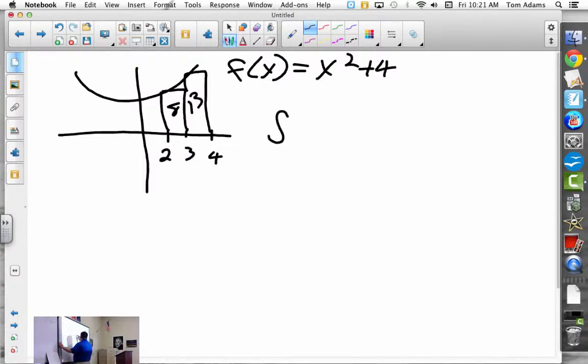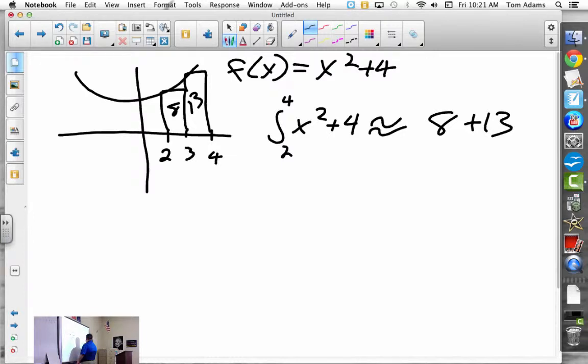So then the approximate value from 2 to 4, or actually I wrote it backwards. Is that right?